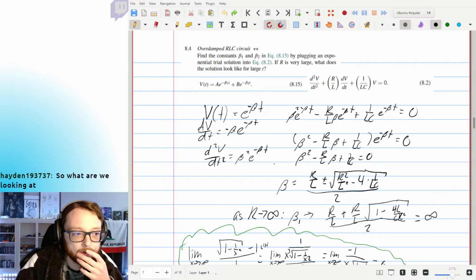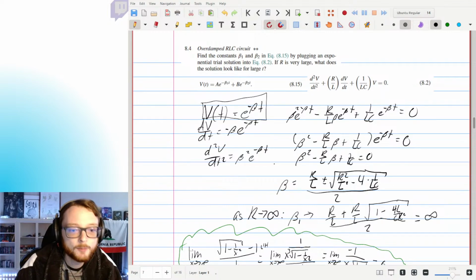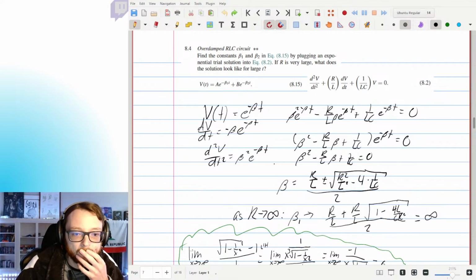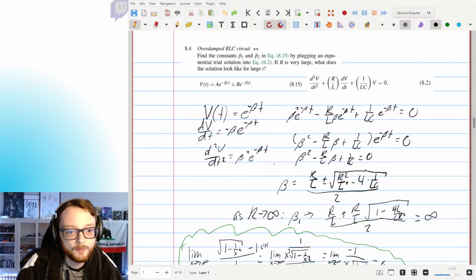Yeah, and you take this trial solution for the voltage and plug it into the differential equation, and you solve it for beta, because as long as you find a valid solution for beta, then you have the solution to the differential equation, because we guessed that this is it. We just need to figure out what beta is.